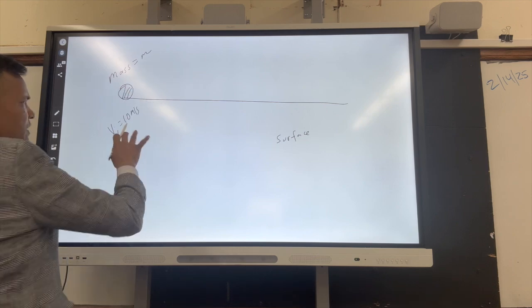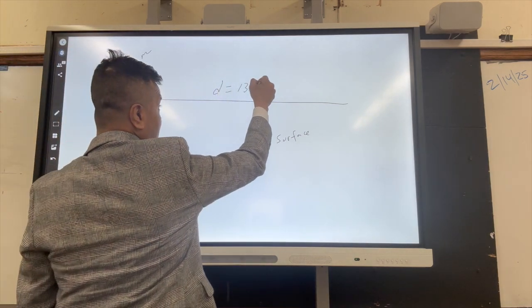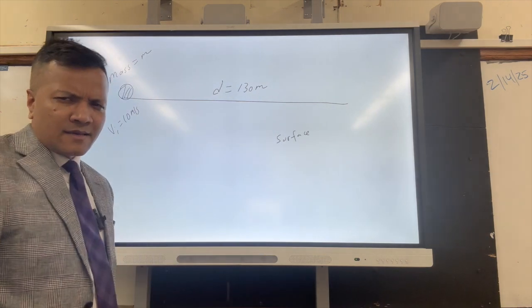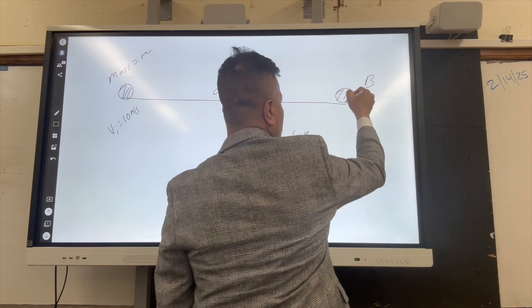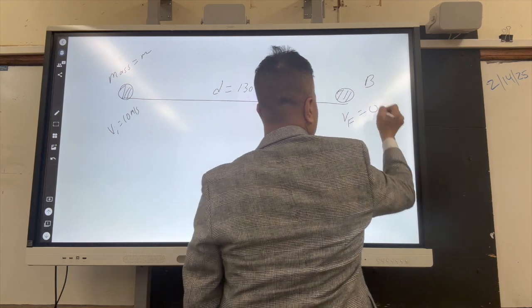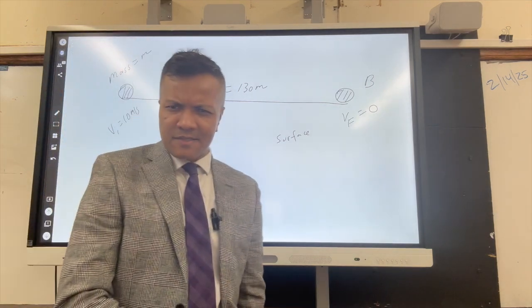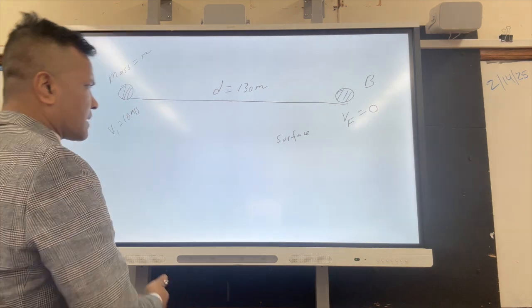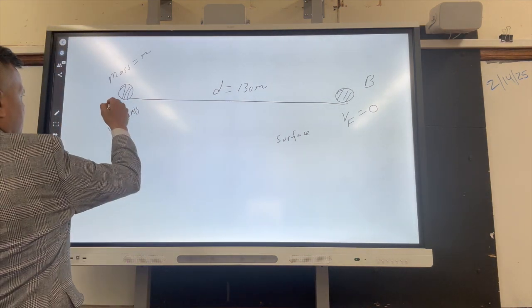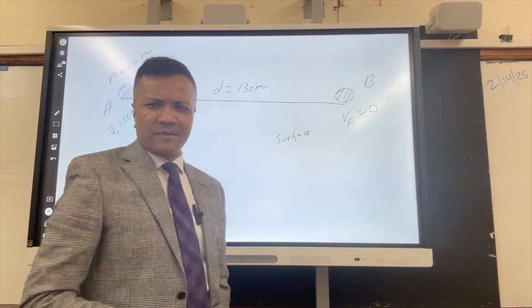The ball keeps rolling for a long time, and then finally, at location B, the ball comes to a stop. What causes the ball to come to a stop? Friction, right? Friction slows down the ball, and the ball comes to a stop 130 meters away from location A.